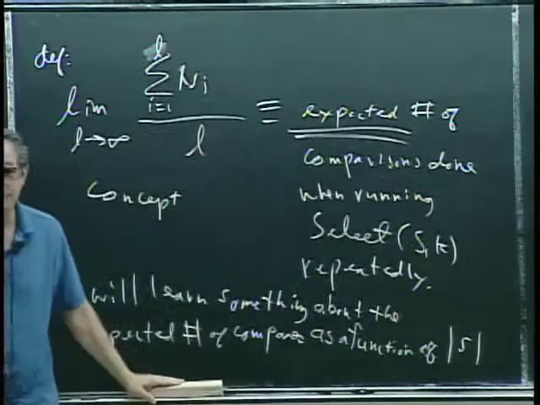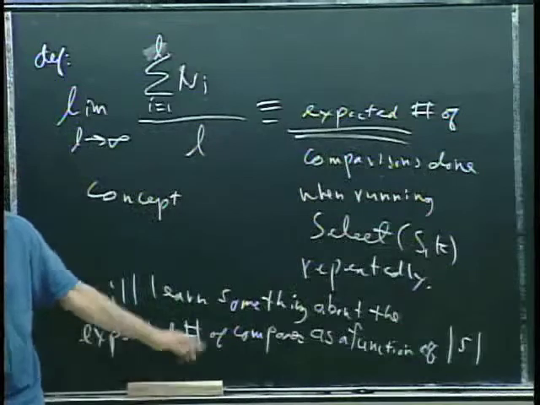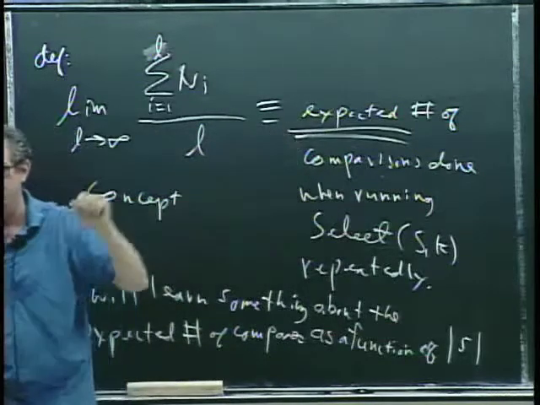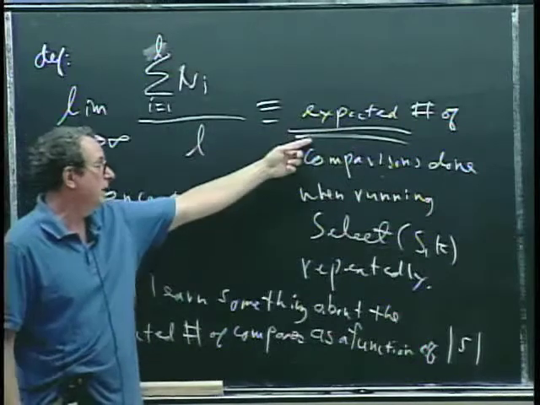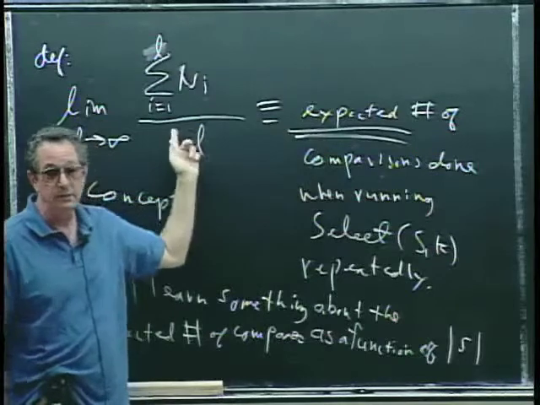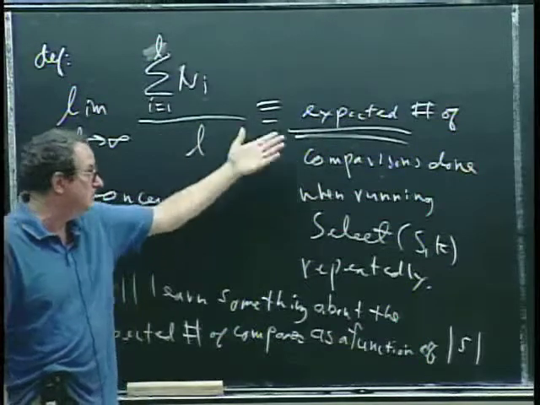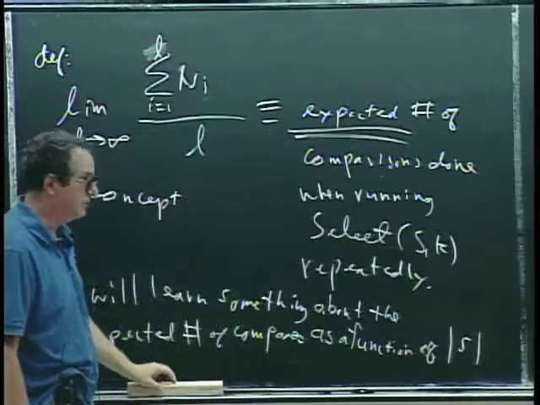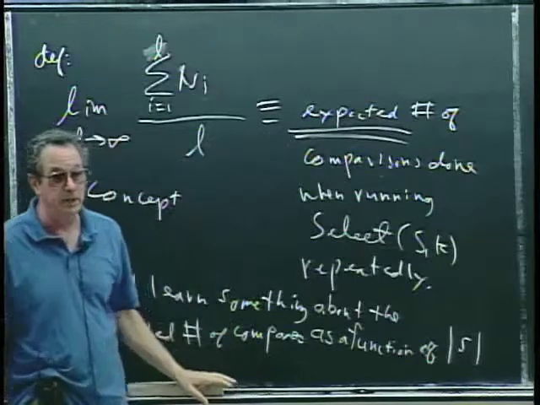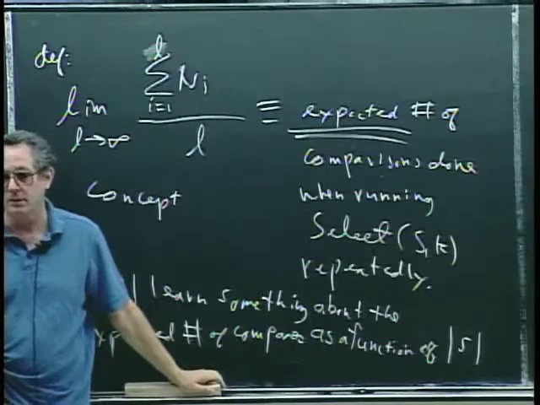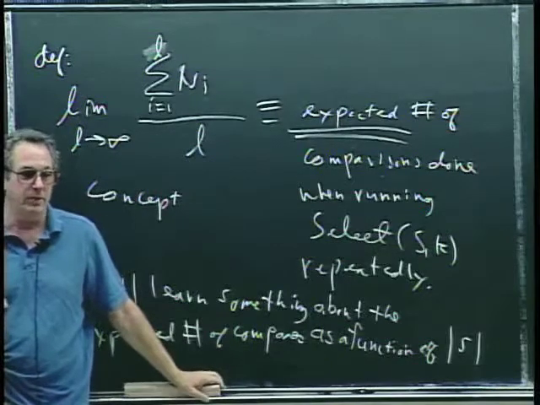All right? Now, this word expected, the first time I used expected, I said that's just in a colloquial sense. Now, this has a real mathematical meaning. Expected value, expected number, those are mathematically defined and have a mathematical meaning. Not necessarily equivalent to the colloquial meaning of expected.